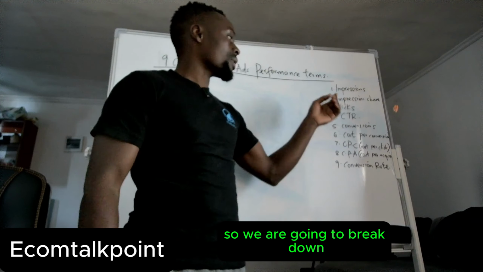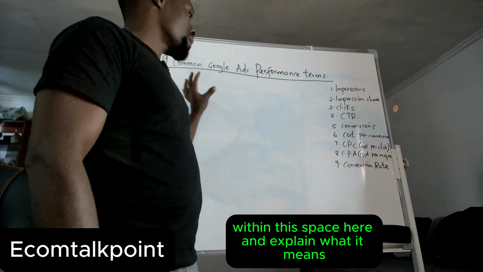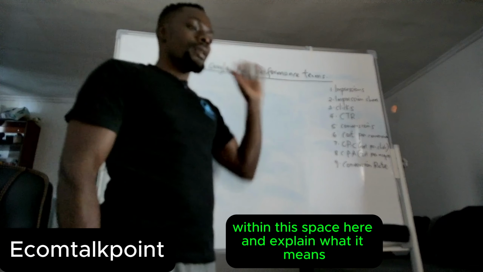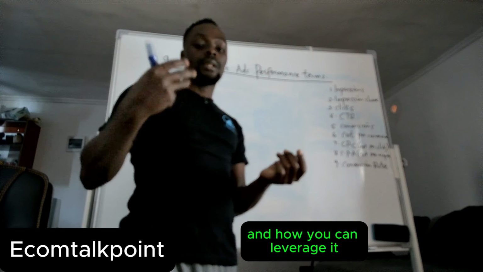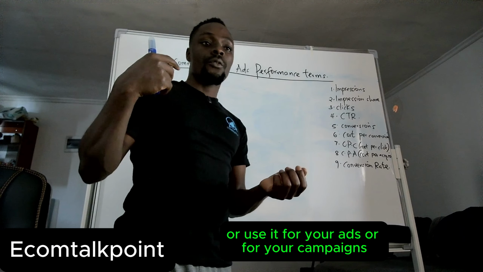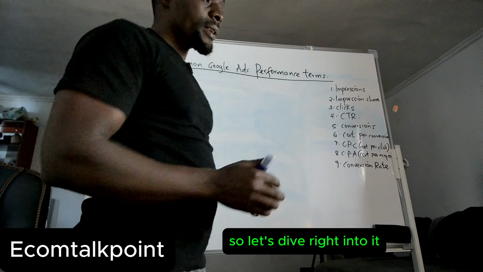We are going to break down each and every single one of these terms and explain what it means, why you need to understand it, and how you can leverage it or use it for your ads or for your campaigns. So let's dive right into it.